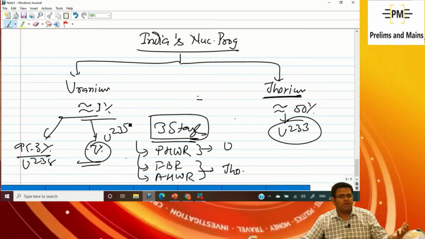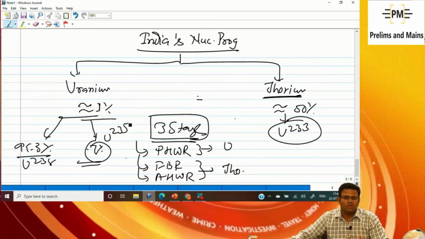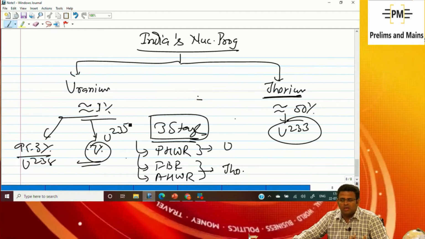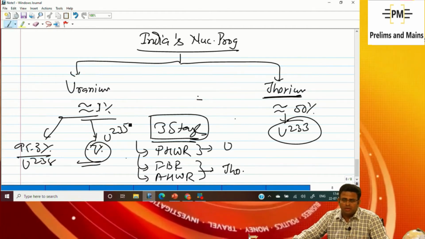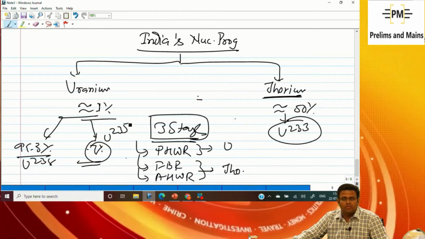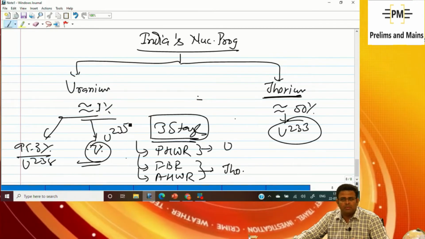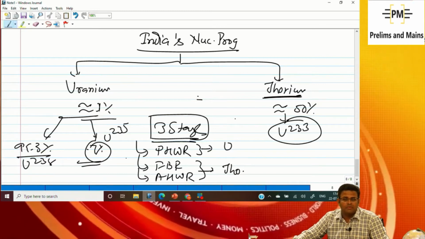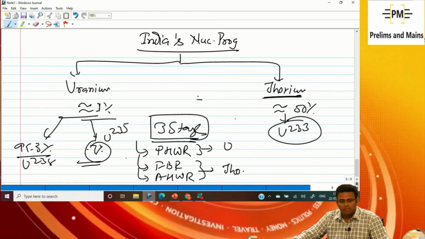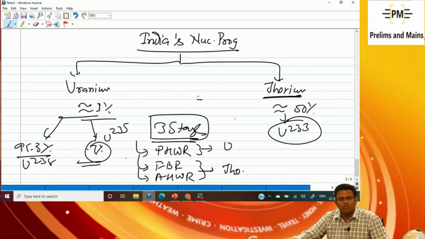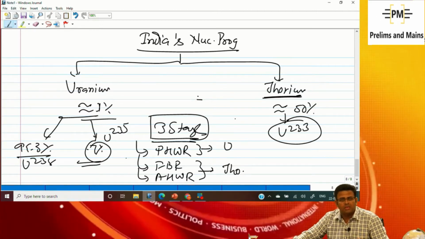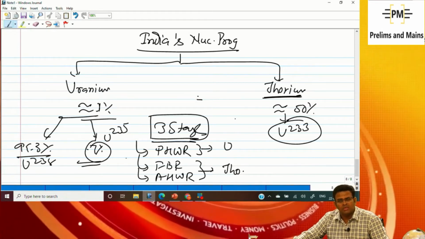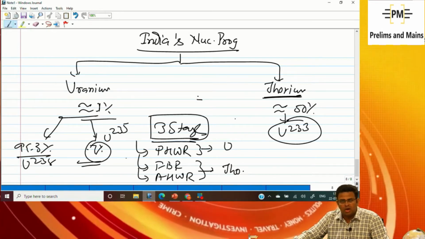Instead of extracting 1000 kg of natural uranium, in which 993 kg will be uranium 238 and only 7 kg uranium 235 that I can utilize for producing energy, in the case of thorium, if I extract 1000 kg and transmute it into uranium 233, it will be 1000 kg.